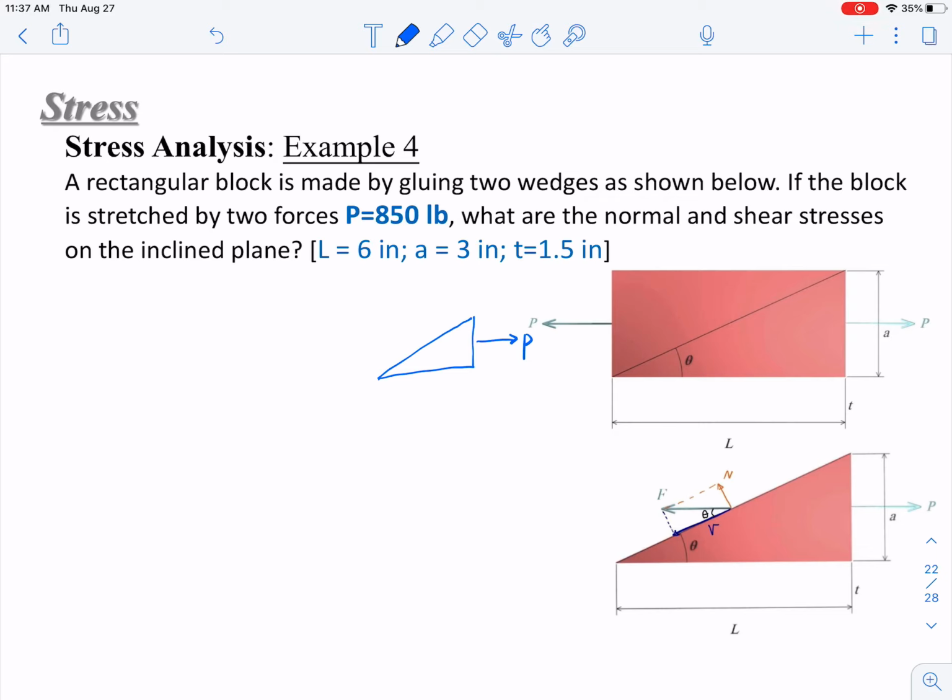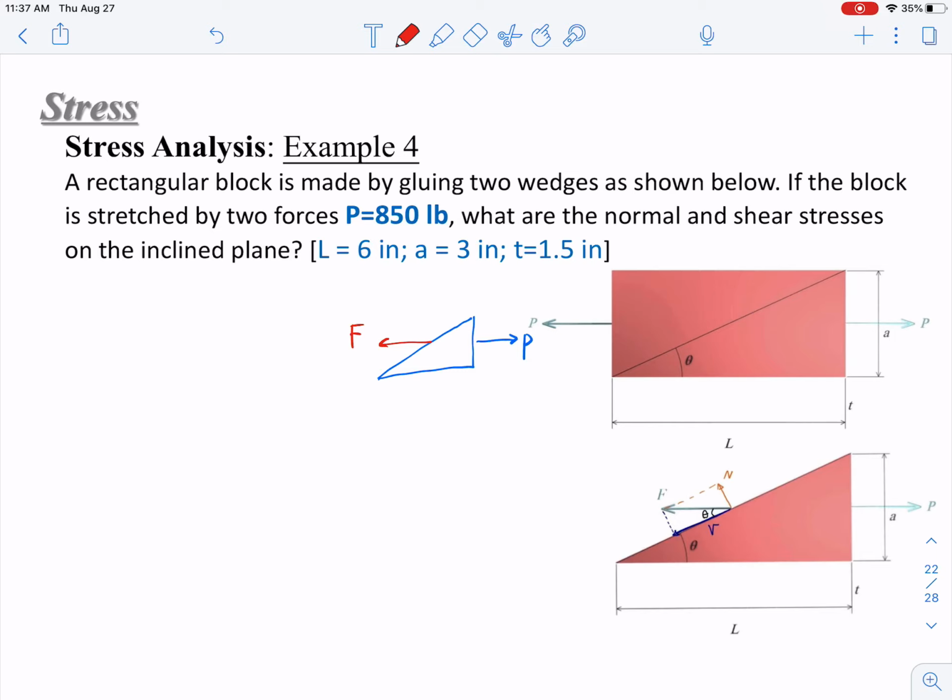When we cut along this inclined plane, we get a free body diagram. We have the external force, so then we need to put the unknown internal force here, outward. We get F. This F will have two components.